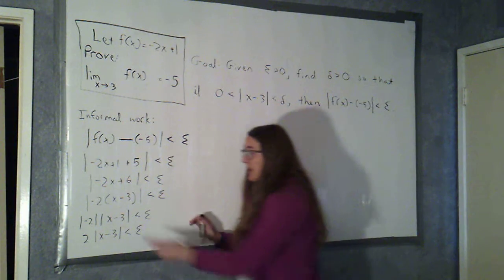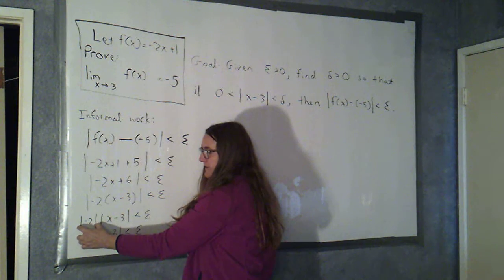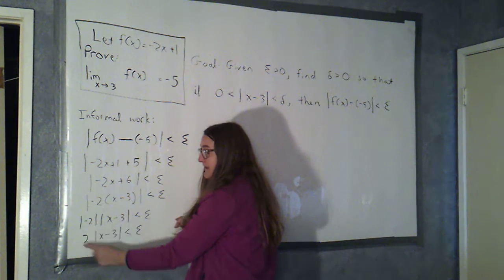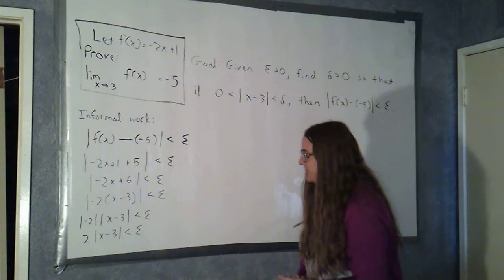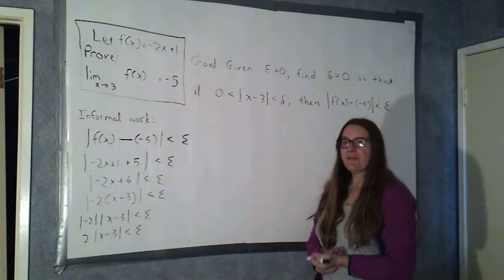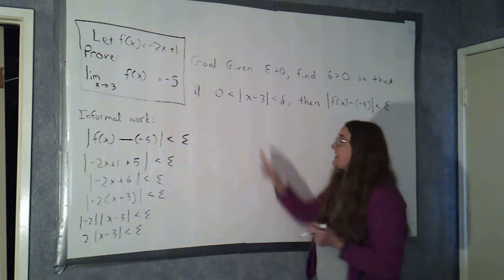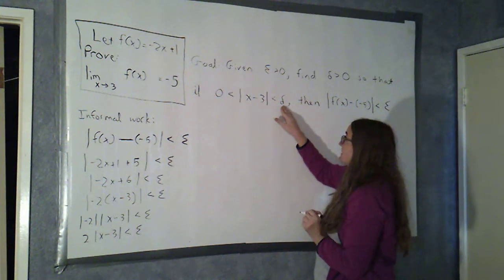Now notice here, I did not factor out a negative 2. I factored out the absolute value of negative 2, which is a positive 2. That's very important. Because as I look here, I see, oh, there's the absolute value of x minus 3. That's the distance between x and 3. That's the thing I'm supposed to be controlling with this number delta.